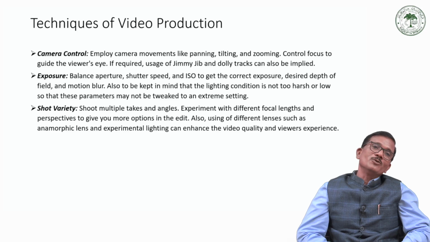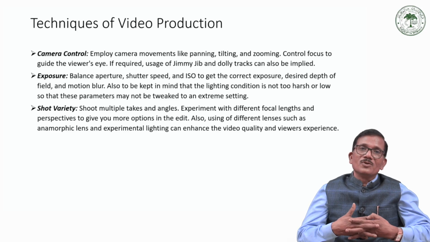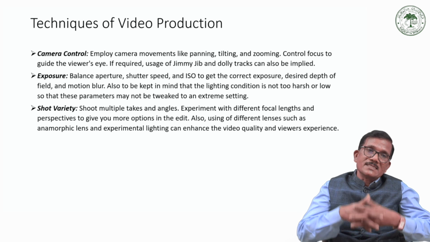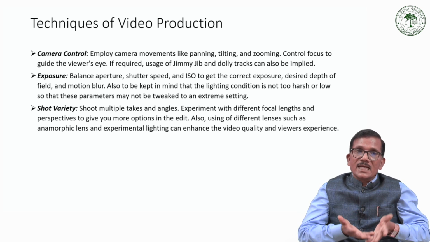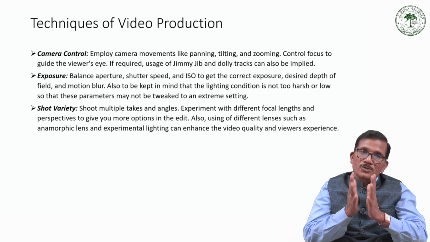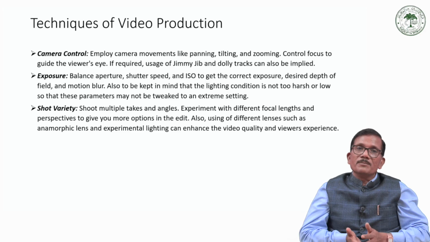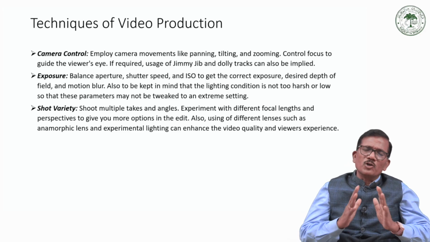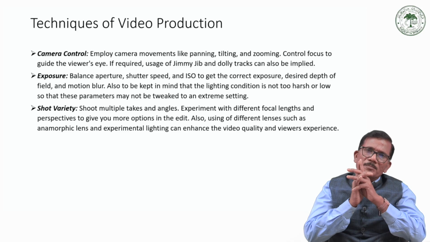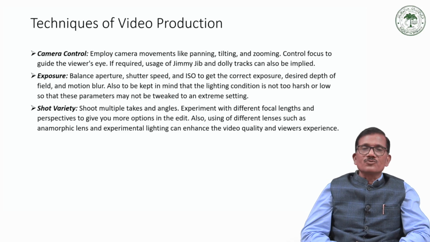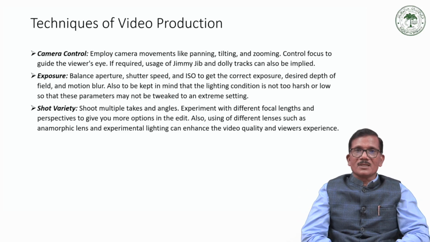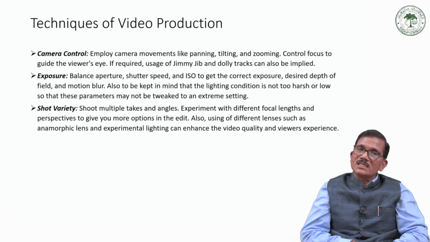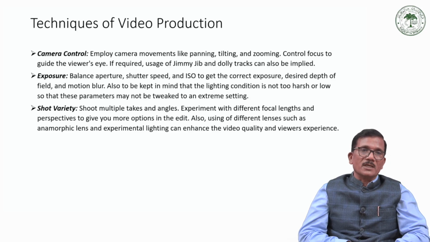The video producer needs to understand these different types of shots, different types of lenses, how to maintain exposure balance, how to control the camera, how to maintain stability in placing the camera. All these are very important parts that ensure that your shoot is balanced. What you have captured is balanced. So these are very important points to remember.